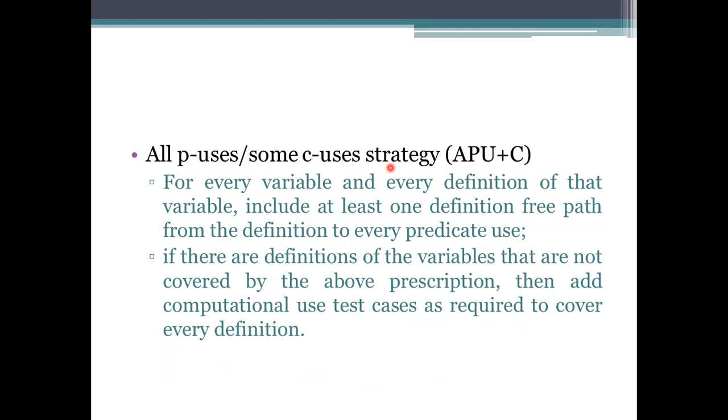And coming to the all p-uses and some c-uses strategy, which is specified as apu plus c. Here we need to consider each and every variable. How many variables are we having? x and y, z and v. Four variables, but x and y have been considered in only one flow graph, so we are having 3 such representations.